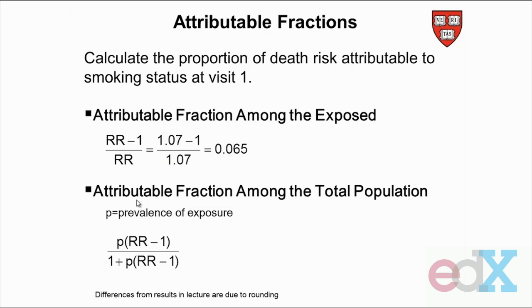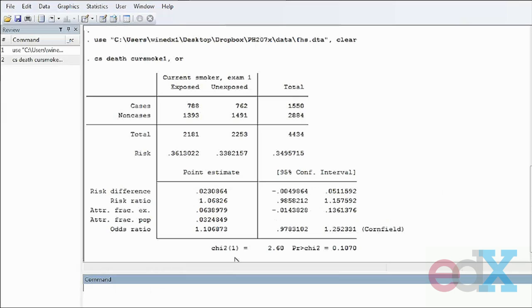For the attributable fraction among the total population, we first need to calculate the prevalence of exposure in our population. The prevalence of exposure in our population is the total number of smokers divided by the total population. So it's going to be the 2,181 divided by the 4,434 people in our sample.